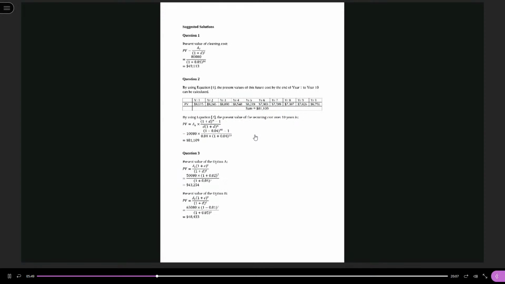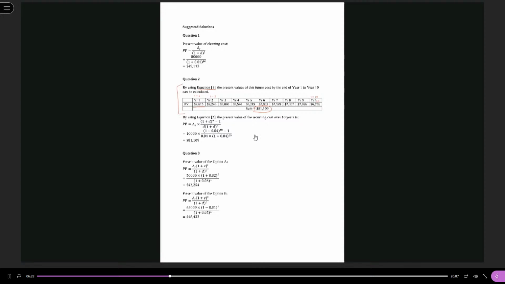If your calculation is correct, then you should come up with the same number. So using equation 1, for the first year t will equal 1, and then for year 2, t equals 2, and all the way to t equals 10. Okay, all these you add up together, then you have 81,109. So this is the first method.